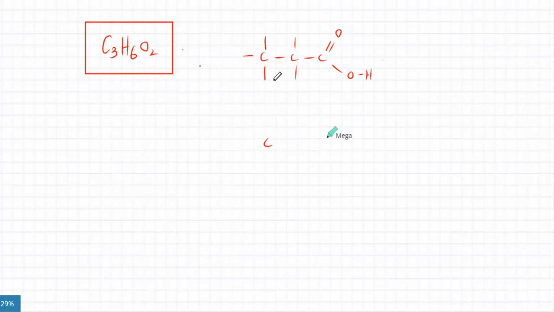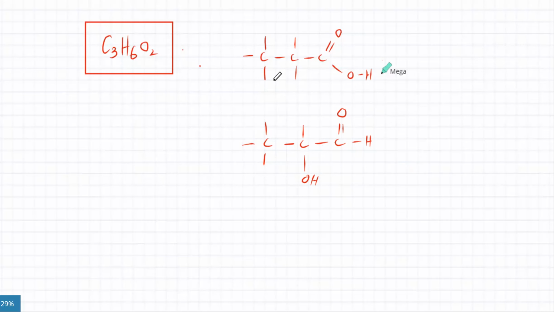That's basically what structural isomers are all about. You're just rearranging things. So I've got 3 carbon atoms. I'm going to put the OH over here and keep the double bond in its original position. Now this would have 1 H. So I think that's still C3H6O2. What I did was I put the OH somewhere else.